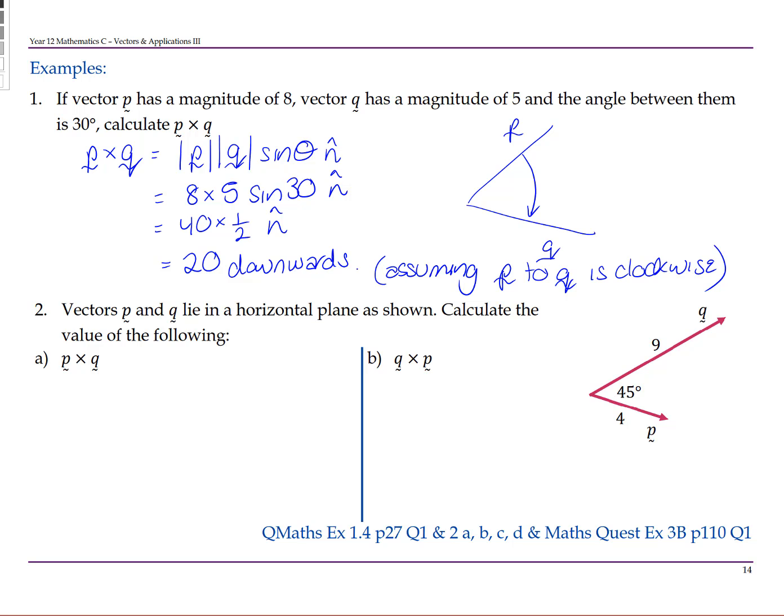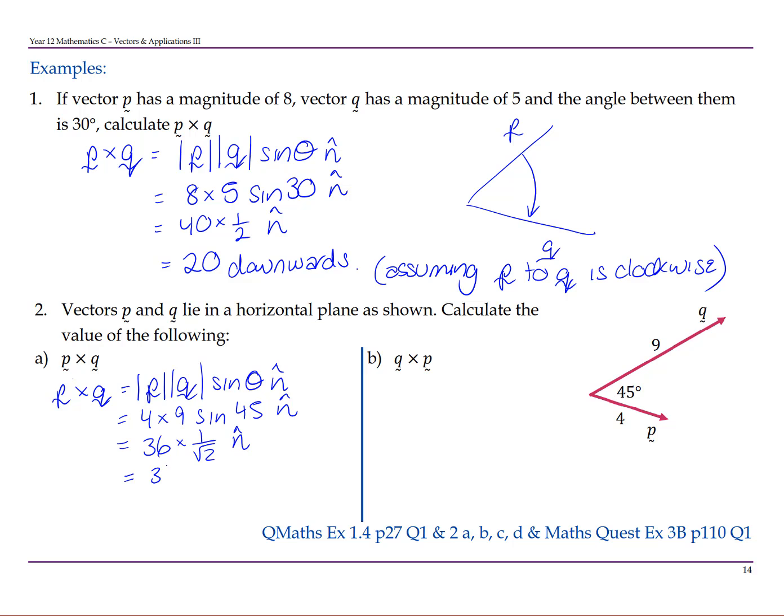So again, my formula, magnitude of P is 4, magnitude of Q is 9, and then I have sine, and 45 is my angle. 4 9s are 36. Sine of 45 is 1 on root 2.